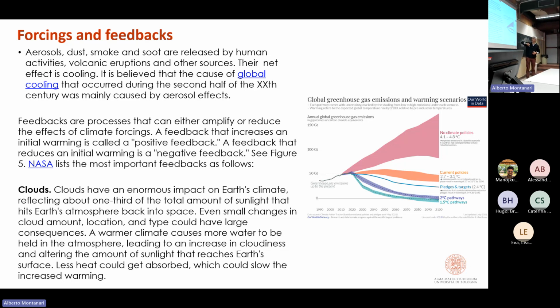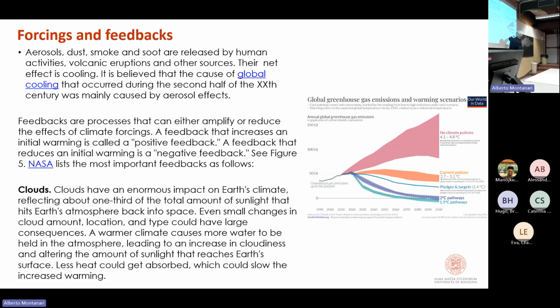So current policies means in 2015, we have already started to activate solutions for reducing our emissions. And this is called the current policy scenario, which predicts that we will reach a cap of CO2 emissions in 2050. Actually, some scientists made a recent contribution. They are convinced that we already reached the top, the cap, or we are very close. And this is current policies.